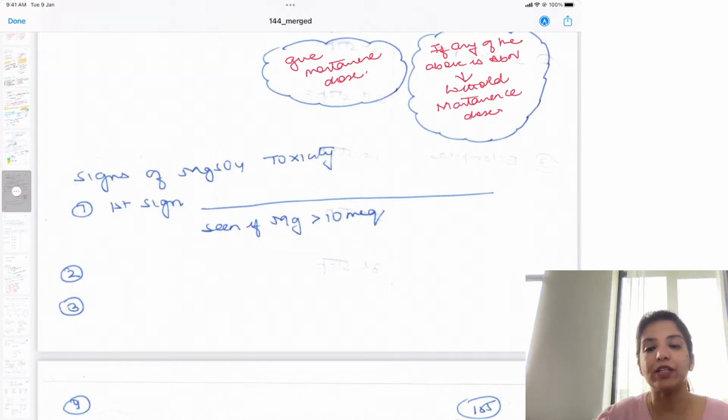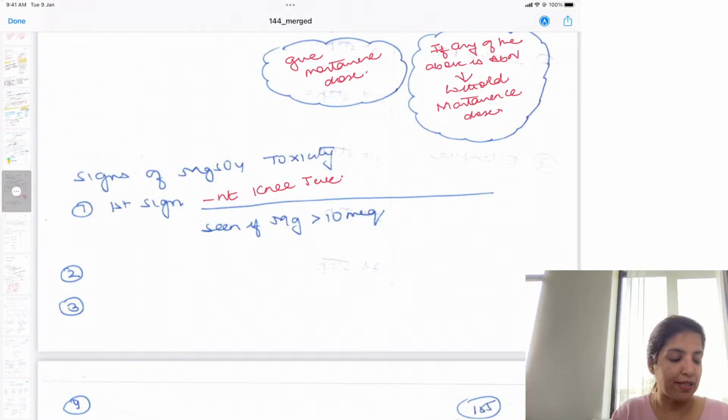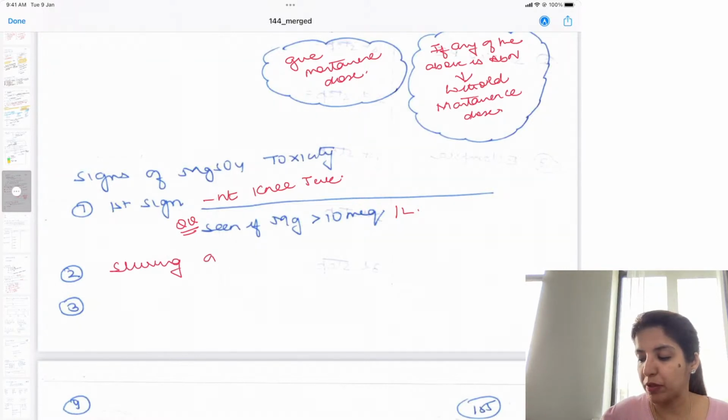Now, what are the signs of magnesium sulfate toxicity? First sign of magnesium sulfate toxicity is absent knee jerk. Knee jerk is absent if magnesium becomes more than or equal to 10 milliequivalents per liter. Number 2, you can get slurring of speech, diaphoresis.